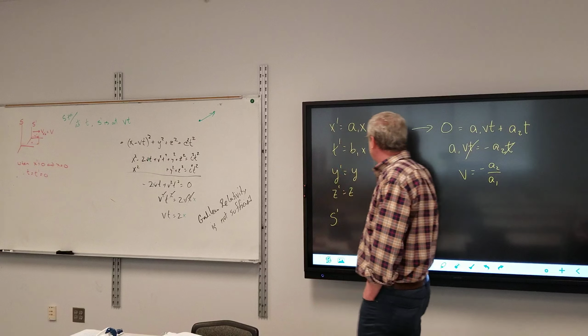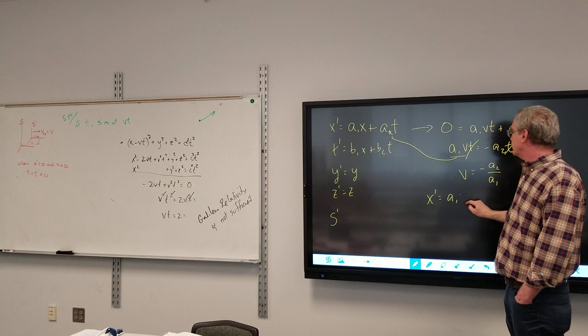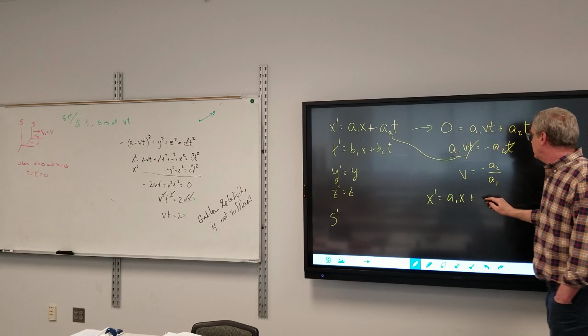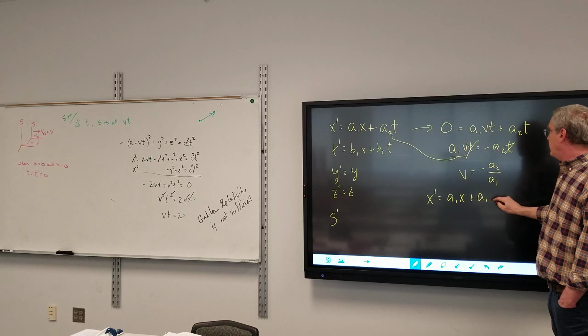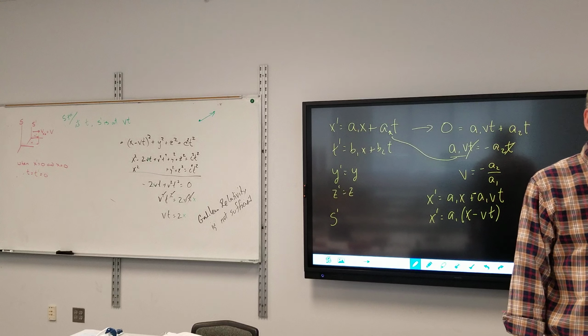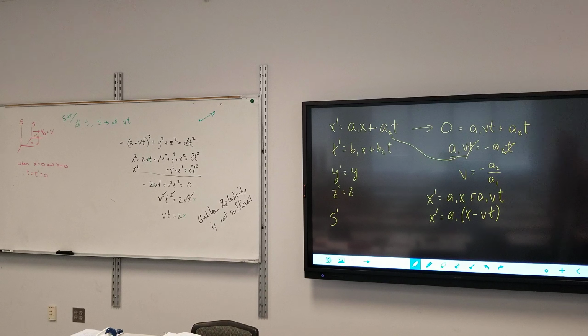So I now have x prime is equal to a1x plus a1v times time. I can factor a1 out. Oops, sorry, I lost my negative sign. So x prime is equal to a1 times x minus vt. So we had 4 unknowns, now we have 3. We just have to figure out what a1 is.